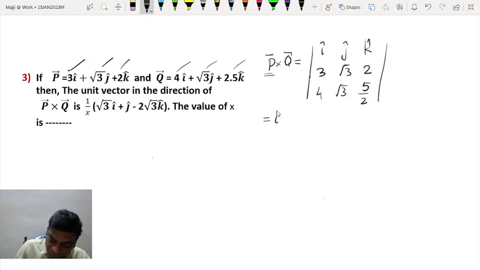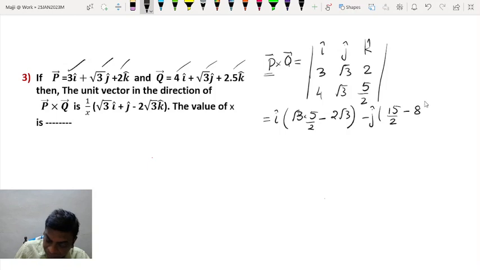So this will be i cap into root 3 times 5 by 2 minus 2 root 3, minus j into 15 by 2 minus 8, plus k cap into this.